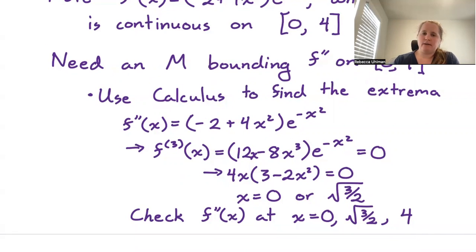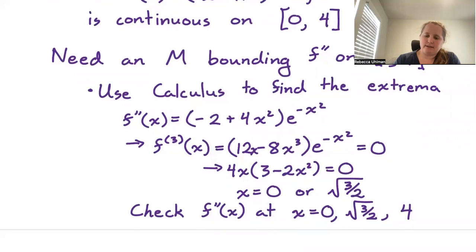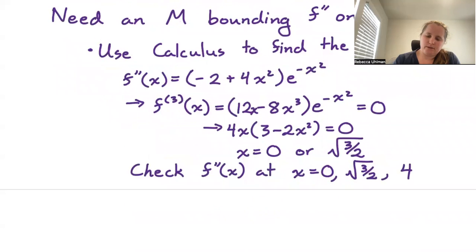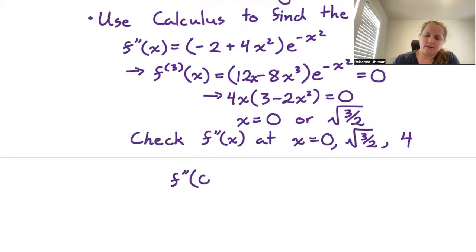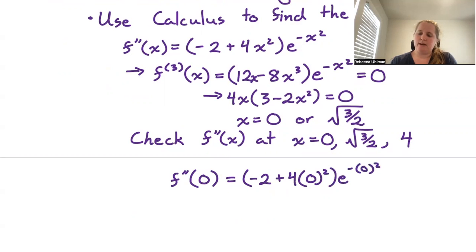So plugging in, the second derivative of f at 0 is negative 2 plus 4 times 0 squared, all times e to the negative 0 squared. And that is just negative 2.